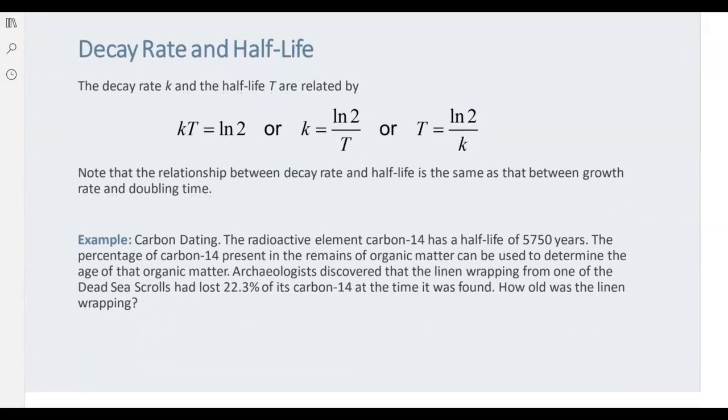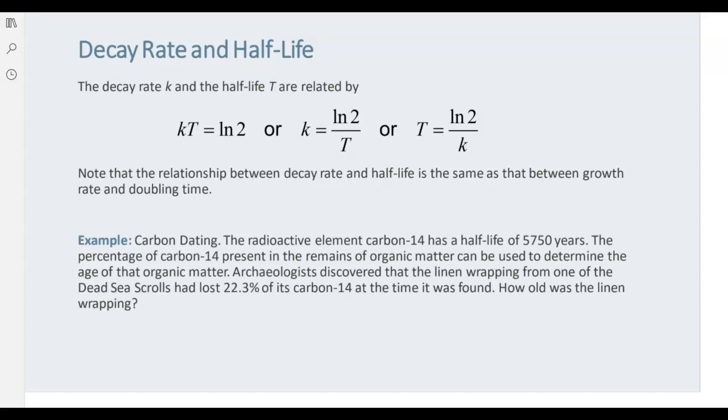And when we talk about a half-life, which would be the opposite of the doubling time, we still use these same relationships between the rate of growth and the time. This is used in carbon dating, which is one of the most common applications, because over time an object that is found is decaying, right, and it's losing some of its integrity.